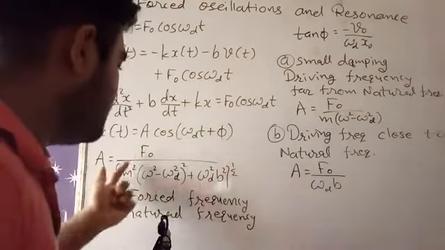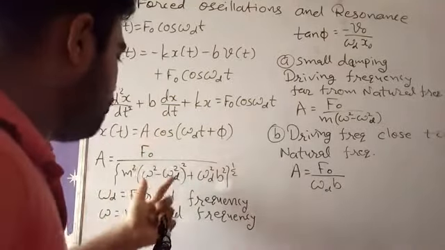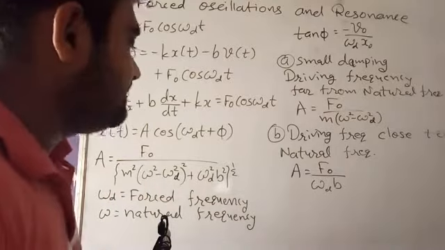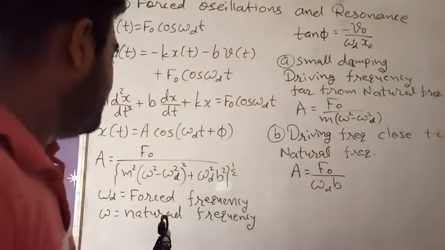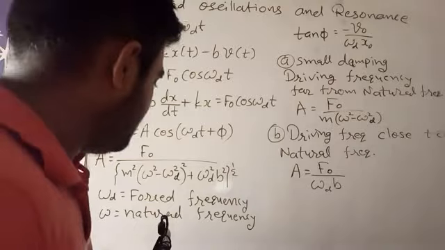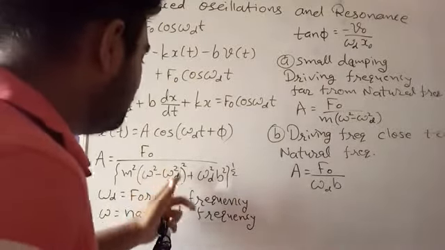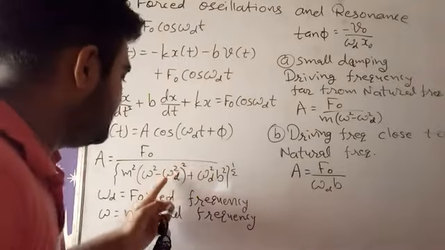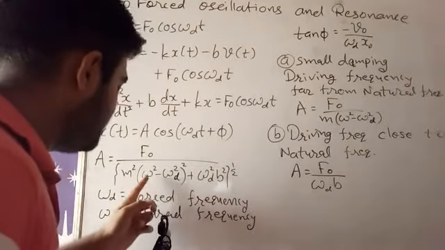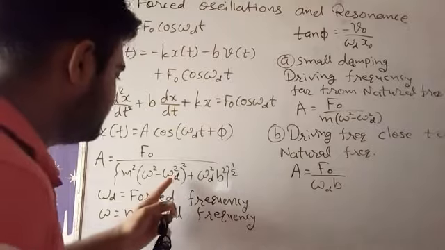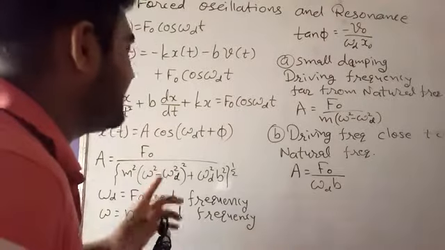So from here the ω term cancels out, it is neglected. In this term ωd is also very small, and since ωd is in subtraction with ω, because of the subtraction we have to neglect this.